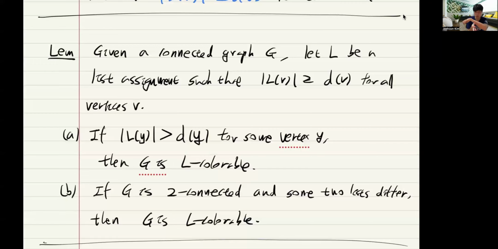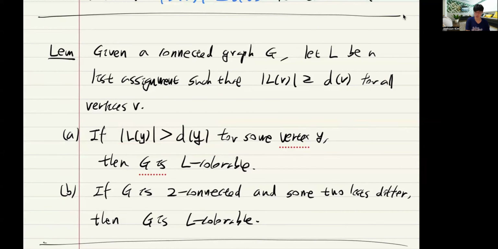If one of them is actually a later neighbor, then it has at most degree minus one earlier neighbors. Then there is one color available. In that case, we are not stuck. So the bad case is when some vertex has all earlier neighbors, but if it's the one vertex which has strictly bigger size, it's okay. Even if every neighbor is an earlier neighbor, this is okay.